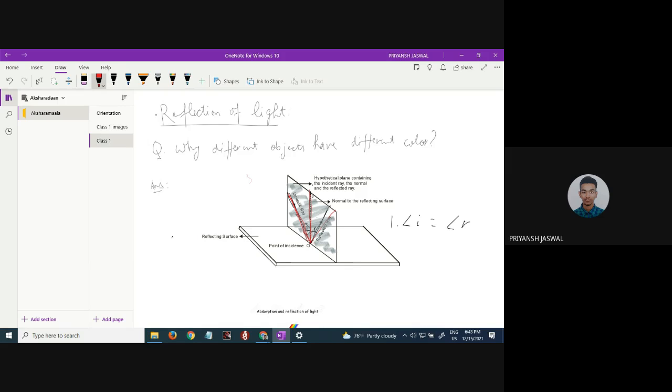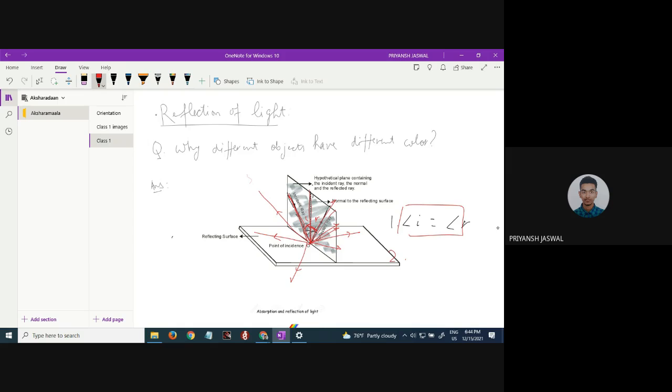The reflected light cannot just bounce off in any random direction. This reflected light also has to lie in this plane only, in which the incident ray and normal lie, and it has to be such that the angle it makes with the normal is the same as the angle of incidence, which is the first law itself.